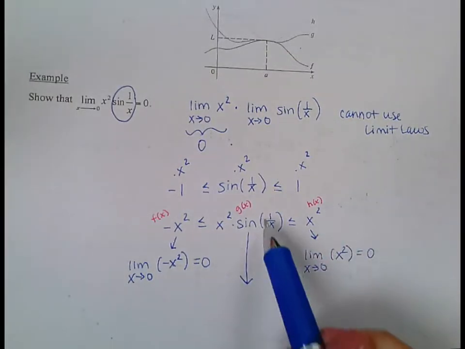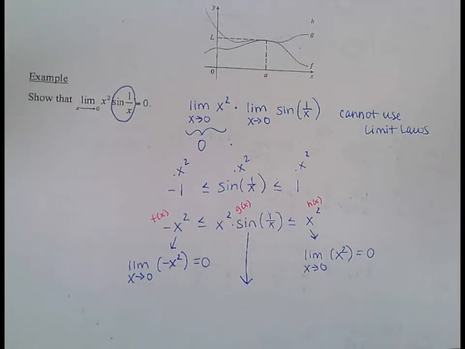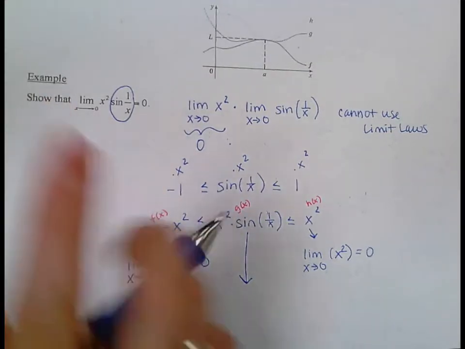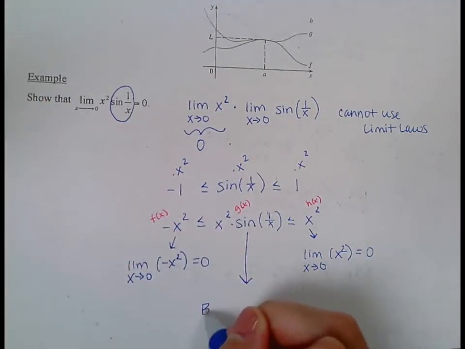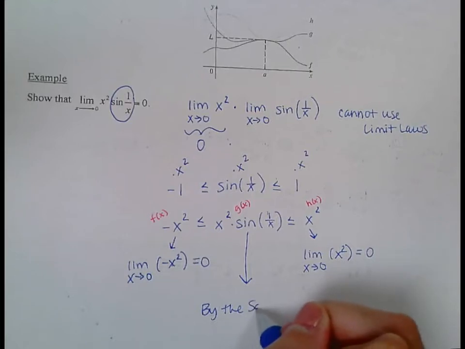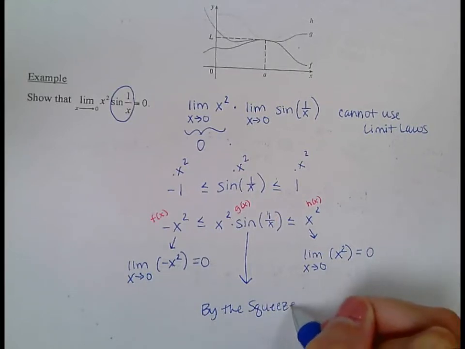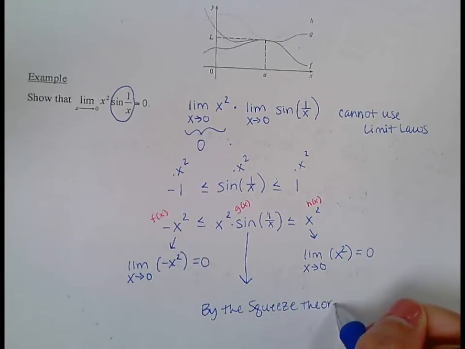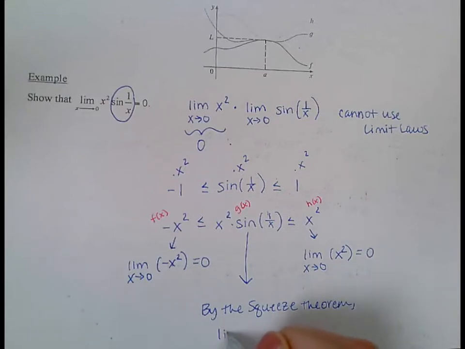Therefore, the limit of my function must also be 0 when x is approaching 0. So to answer this, I'm going to say by the squeeze theorem, the limit as x approaches 0 of x squared times sine of 1 over x is equal to 0.